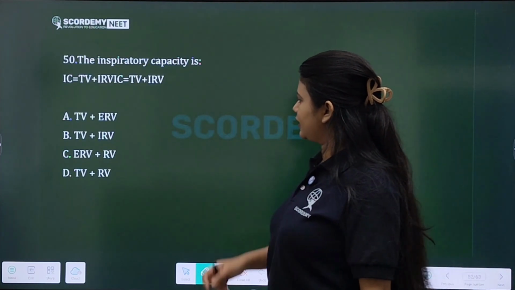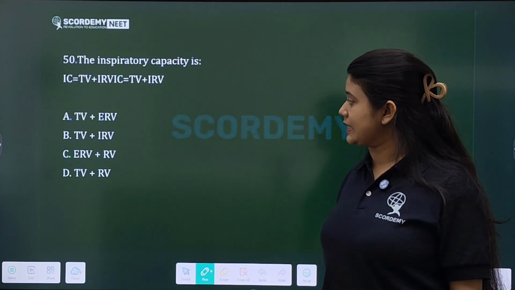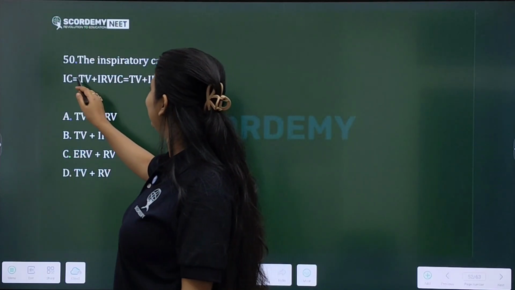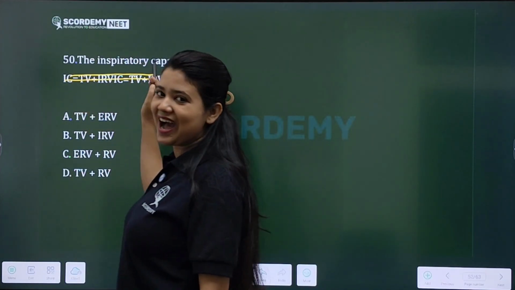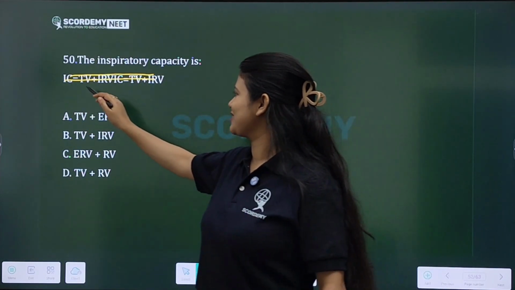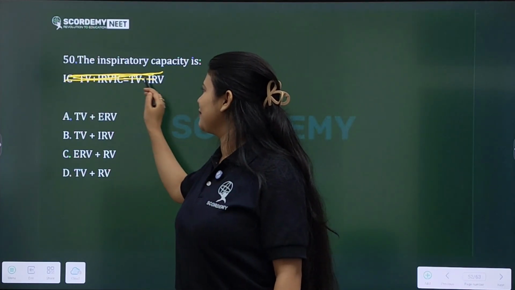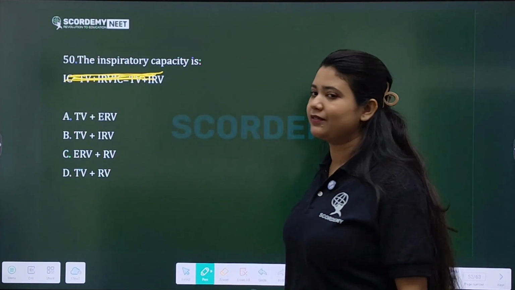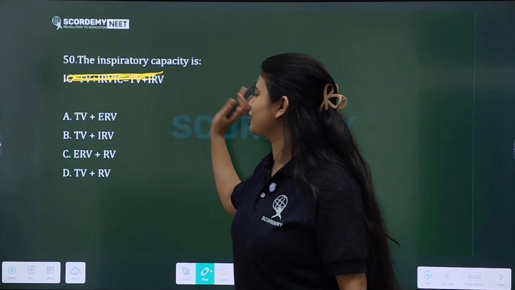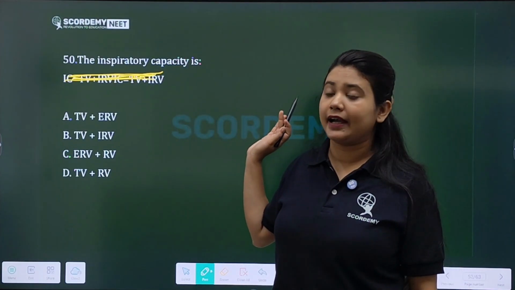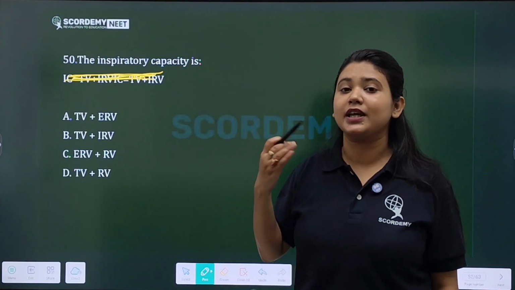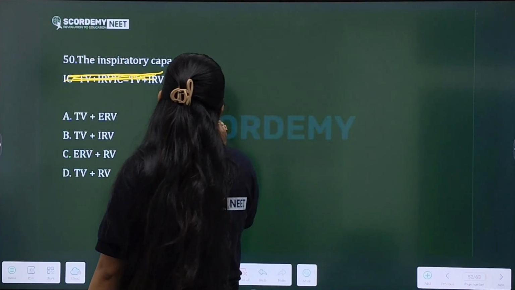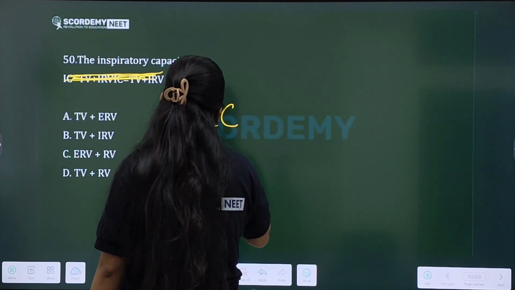Then the inspiratory capacity. The answer is already mentioned. Students, I'm really sorry for the inconvenience. You have to know the equation of inspiratory capacity, written as IC, inspiratory capacity.